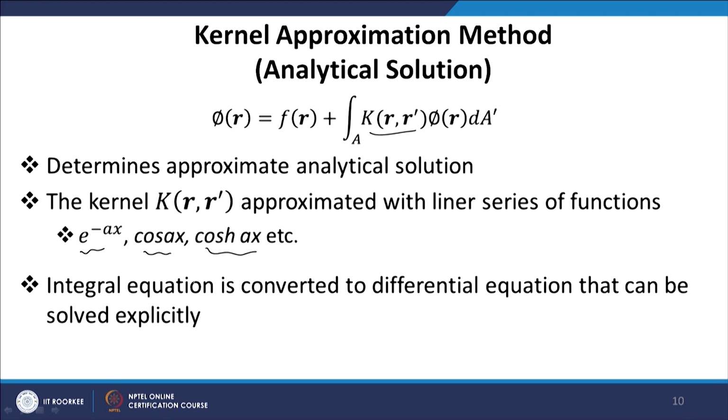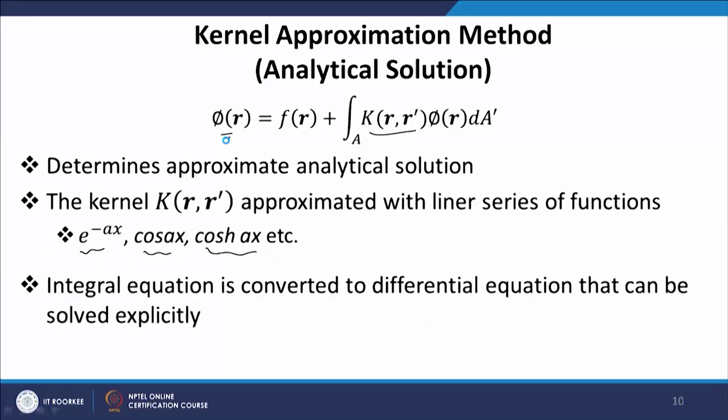The integral equation is converted into a differential equation which can be solved easily as compared to the integral equation. So, the method in itself is straightforward, but the solution of these integrals and the subsequent differential equation becomes quite involved. So, I will not take any example on this method.